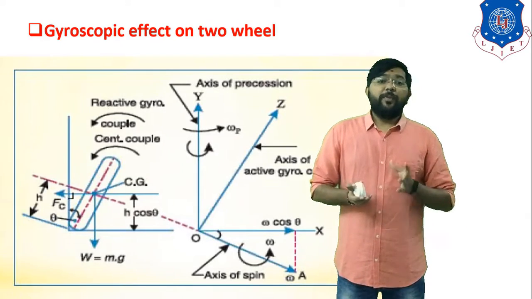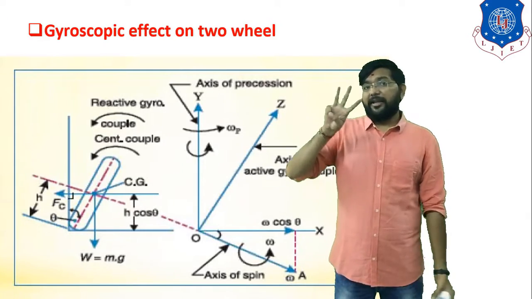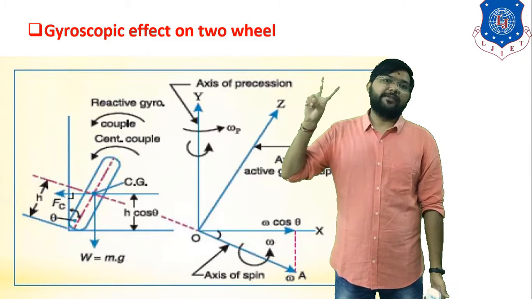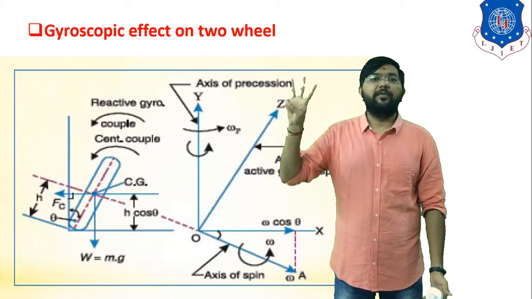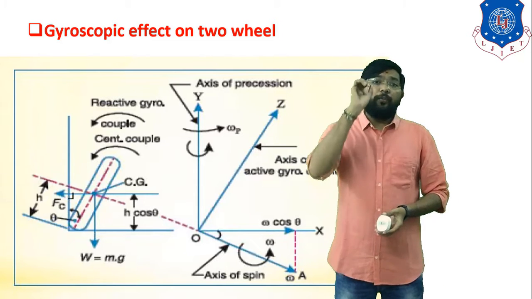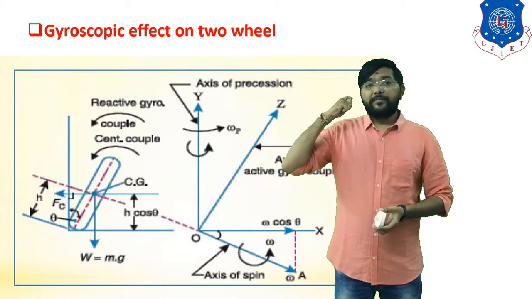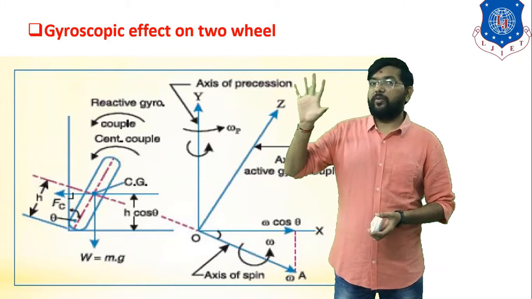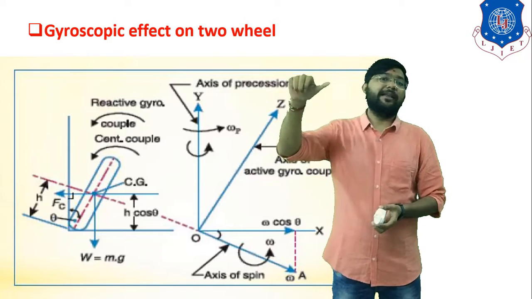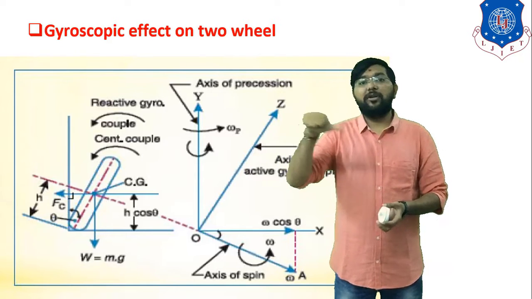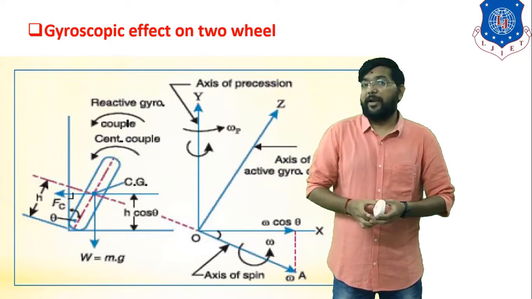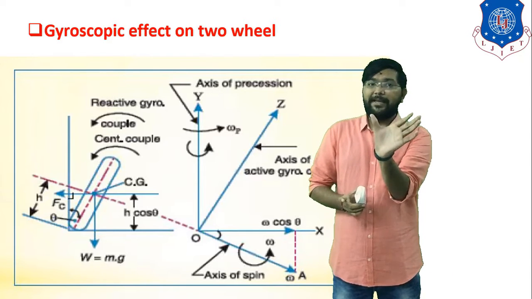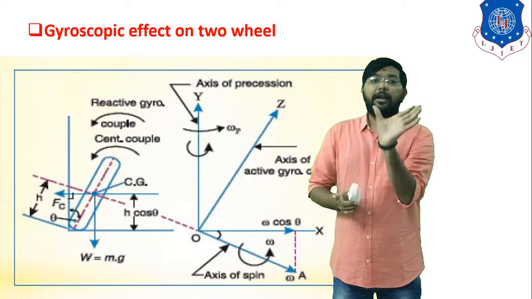Now, gyroscopic effect on two-wheeler: there are three types of axis. First is the axis of spin, second is the axis of precession, and third is the axis of gyroscopic couple. To find the direction of momentum, we have to use the right hand thumb rule. If you put your fingers in the direction of motion, your thumb indicates the direction of momentum. In this figure, this is the front view of the bike, and the bike takes a left turn.